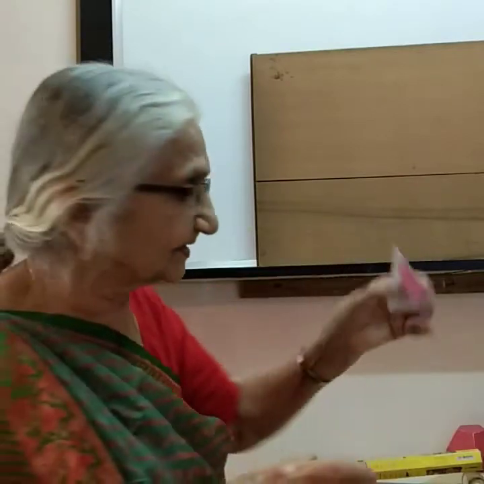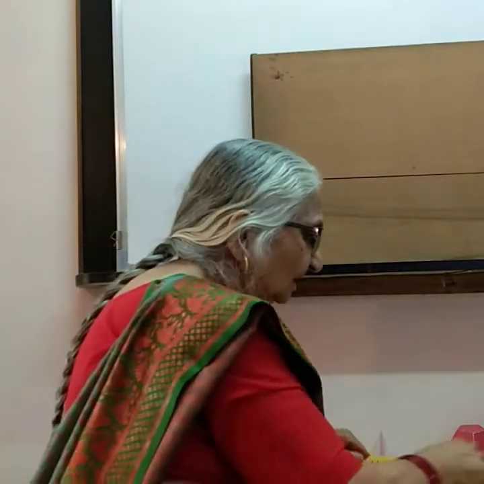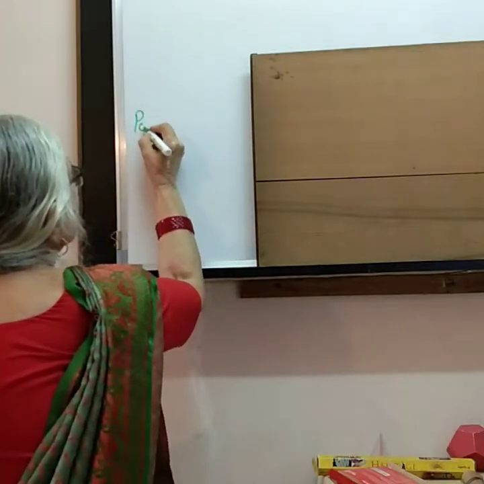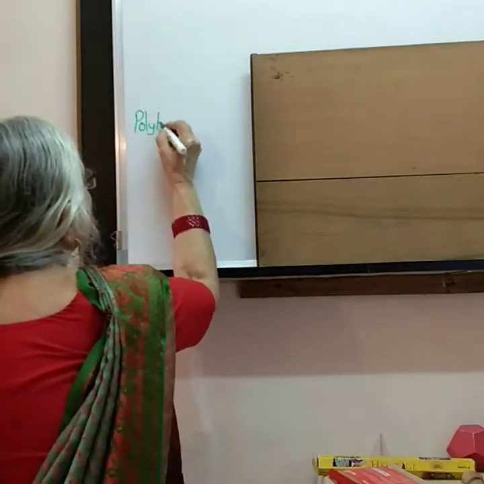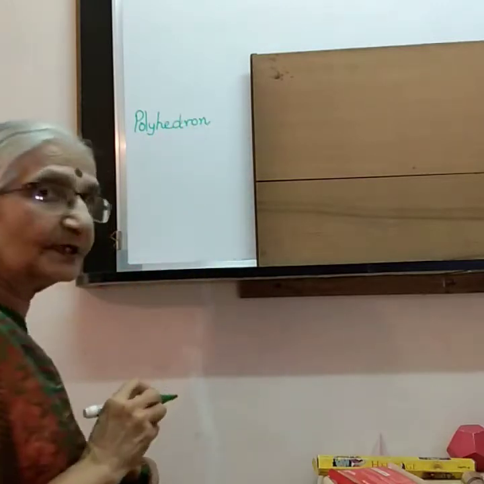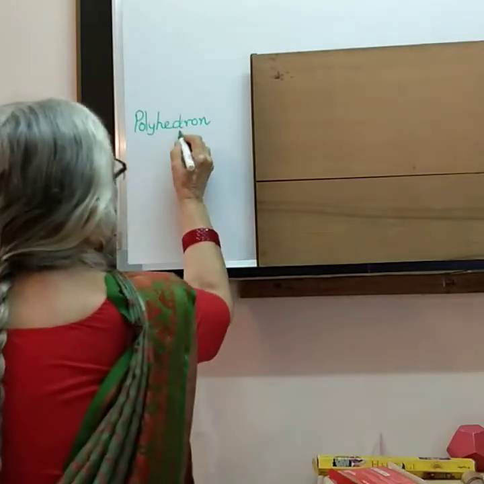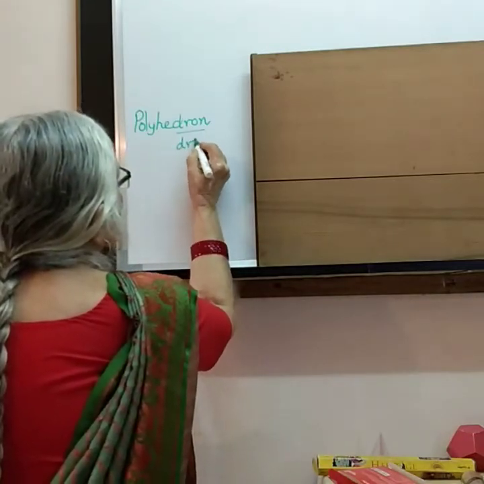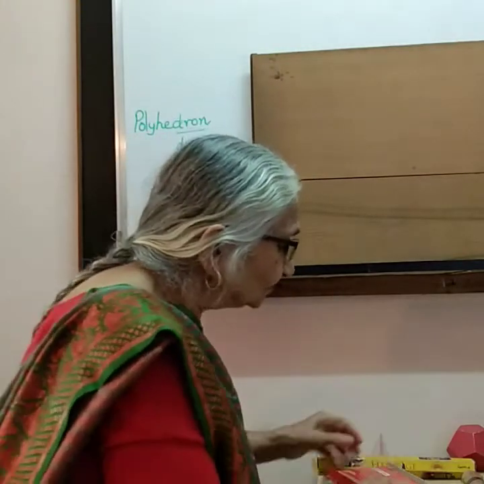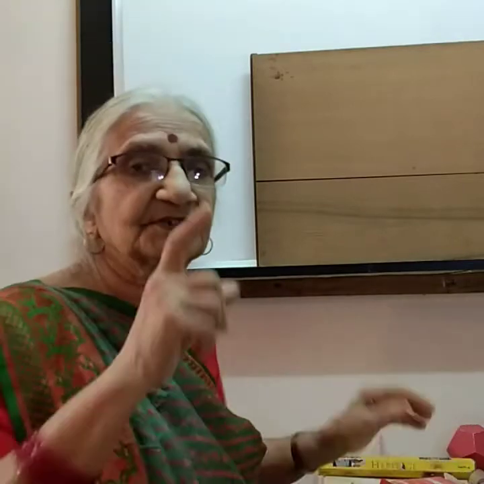This has 6 faces, and so on. Now, these are called polyhedra. The singular is polyhedron, the plural is polyhedra.